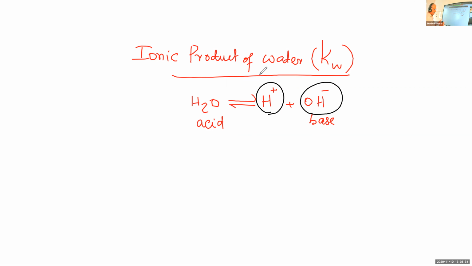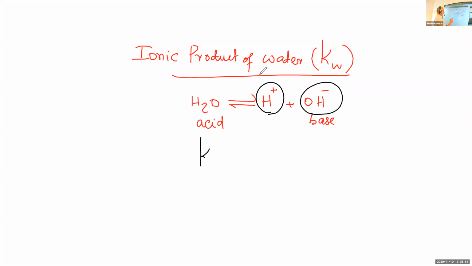Now, at equilibrium, if you take the product between the concentrations of H plus ions and OH minus ions present in pure water, that's called the ionic product of water.